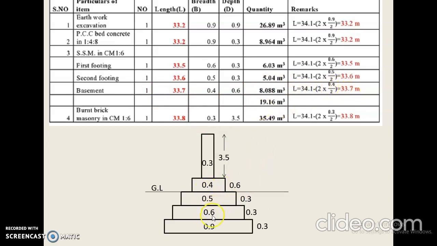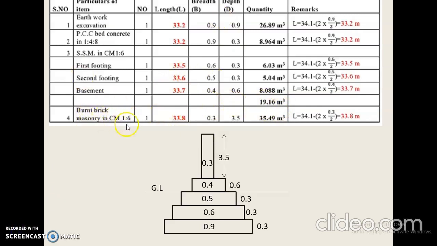And all these, first footing, second footing and the basement, are constructed by using the same material, that is sized stone masonry. Hence you need to add all these quantities, and the final quantity of SSM in CM 1:6 is 19.16 meter cube.